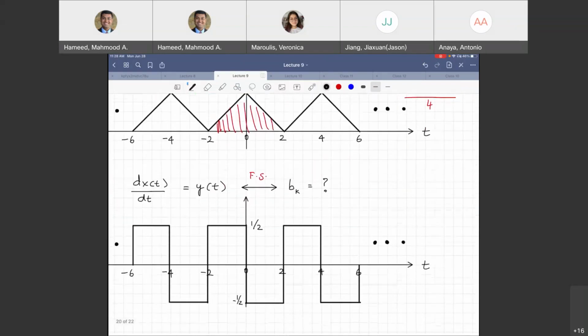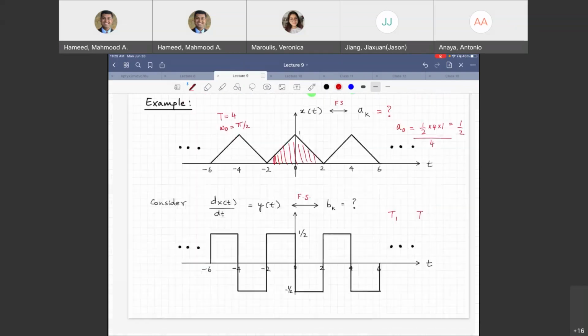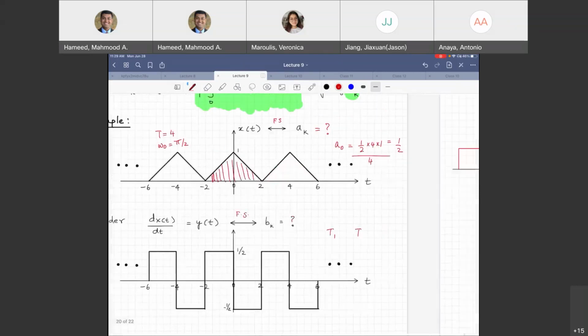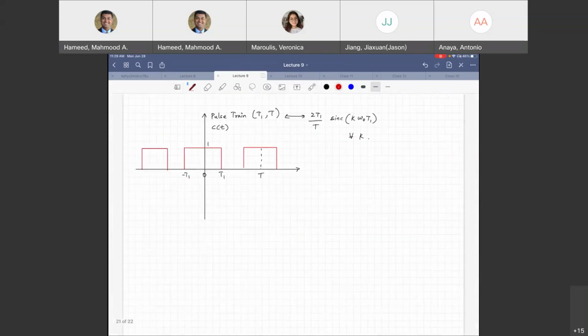What should I use? What would you pick for t1 and T? I think T is very obvious. T1 is the problem. You need Fourier series coefficients of this. You have this. What would you pick for t1? Like what value would you want here?